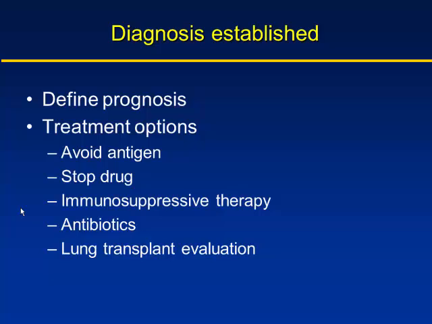Because initially that's what everybody thought, that this is too acute for it to be UIP. But it turns out it was actually an exacerbation of UIP. That one's also a good clinical story because you have to rule out the other stuff. There's no blood test for UIP exacerbation.